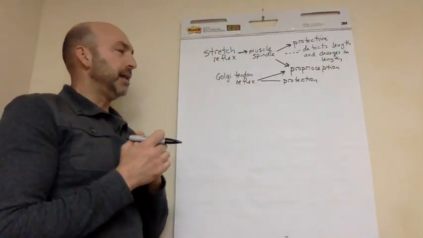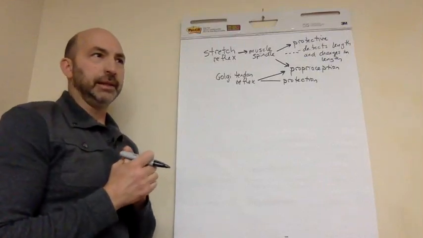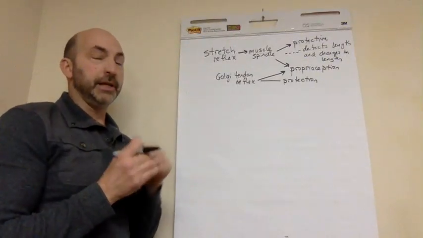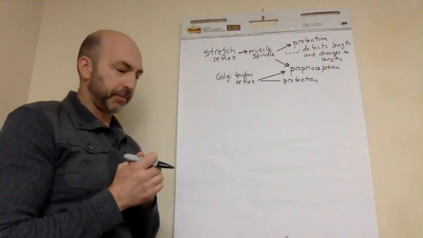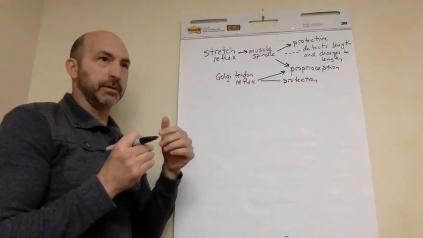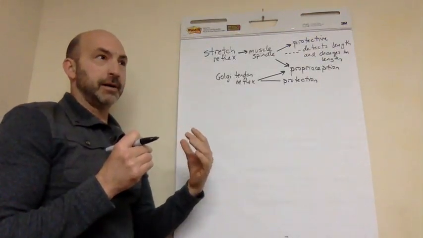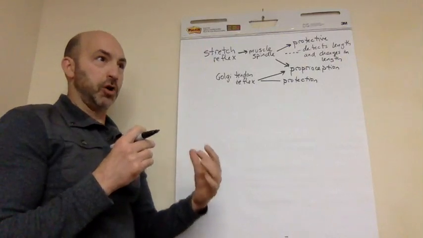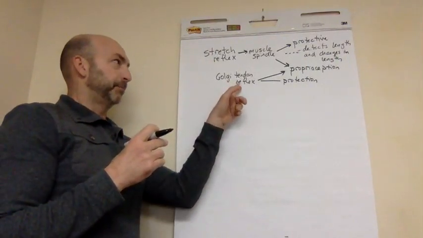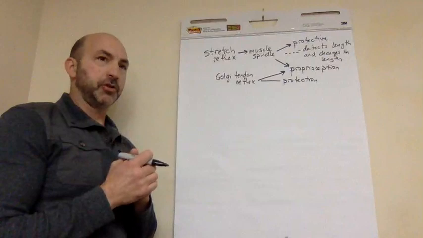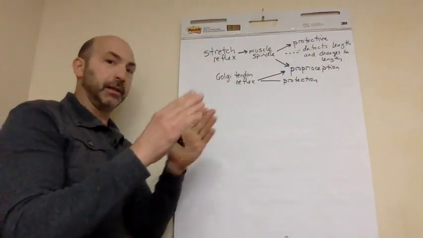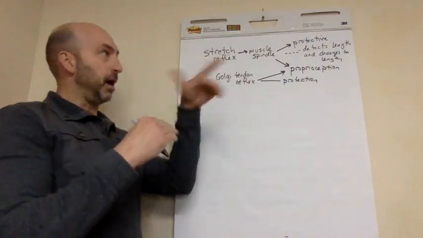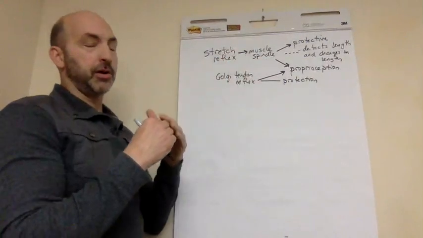The Golgi tendon receptors are found in series with the contractile fibers. In other words, the contractile cells of the muscle pull on the Golgi tendon receptors, essentially, right? They're in line with them, as opposed to side by side as the muscle spindles are.